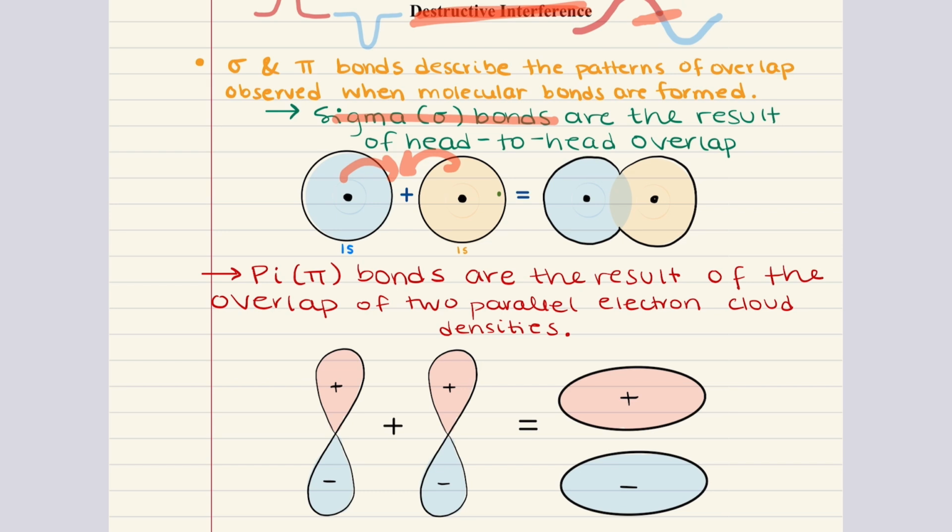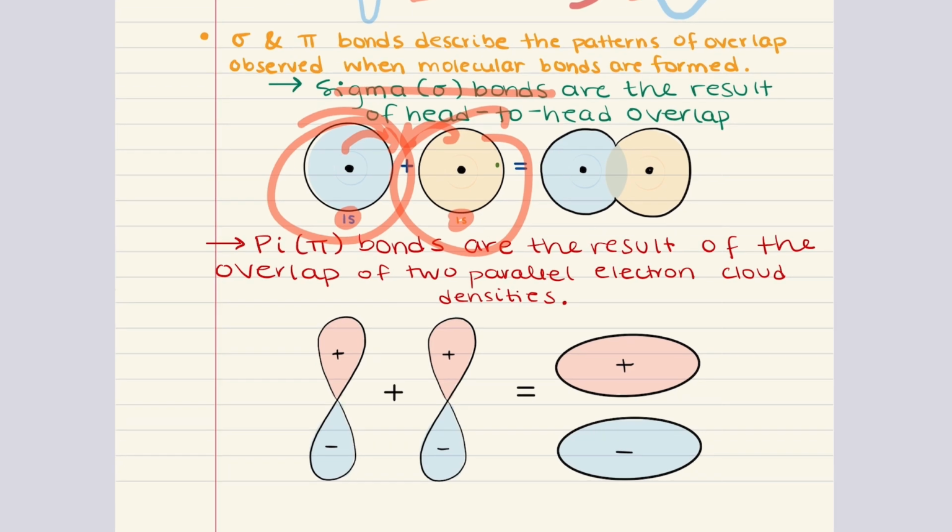Single bonds are sigma bonds resulting from the overlap of 2 s orbitals, not 2s like this, but 2 s orbitals being overlapped. So single bonds are sigma bonds resulting from the overlap of s orbitals.